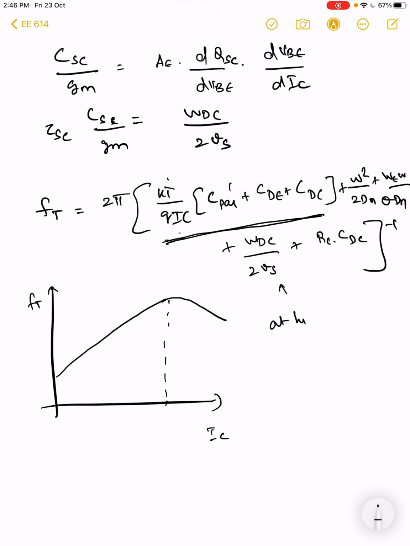So at high currents, C space charge dominates the transport and limits the frequency of operation.